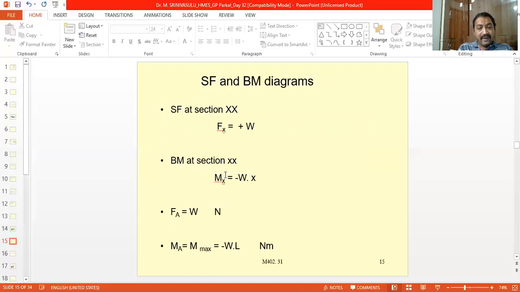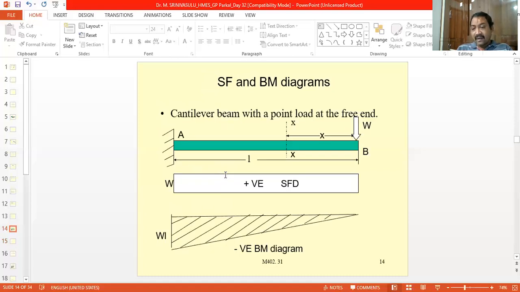So now we have the values of the shear forces and bending moments at all three points. Then we can plot the shear force and bending moment diagram. At point B, the shear force is equal to plus W and it will remain constant.